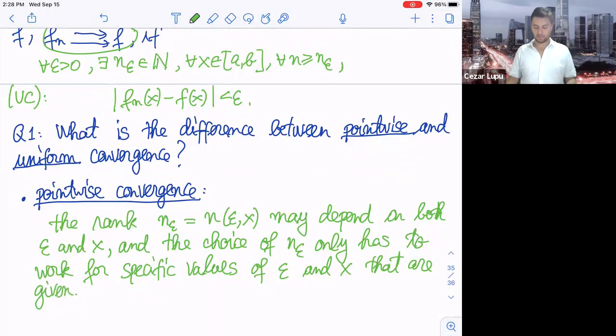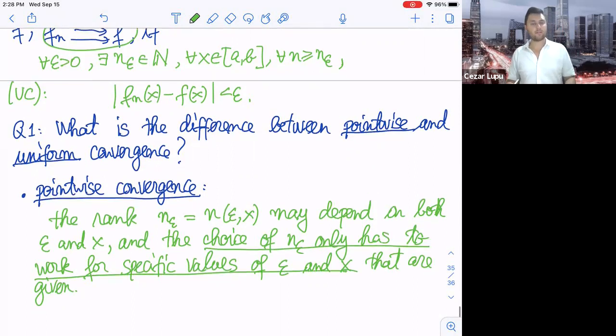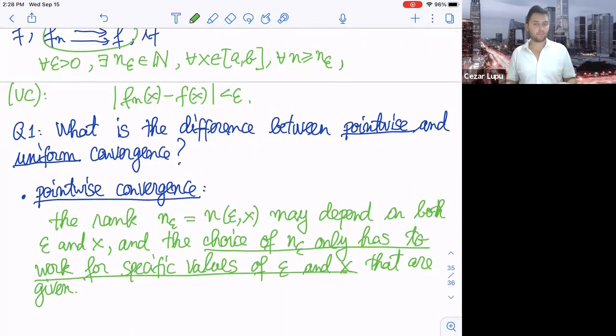Hope this makes sense, right? So that's the pointwise convergence. So the rank may depend on both epsilon and x.